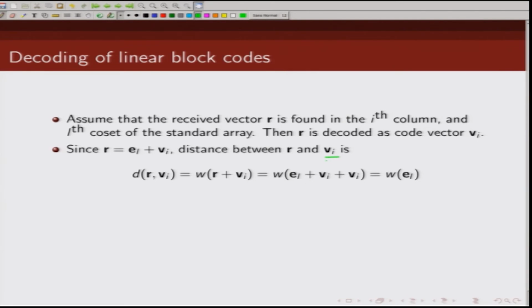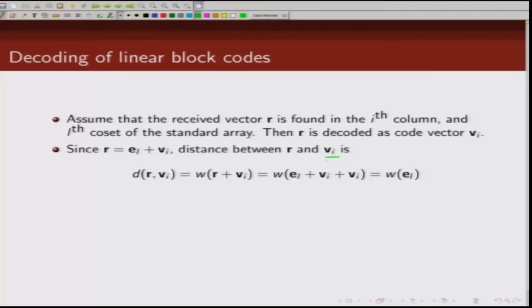So, if we add R and V and then count the number of ones, that gives us the Hamming distance between R and V. So, the Hamming distance between R and Vi is nothing but the Hamming weight of the vector R plus Vi. And what is R? It is EL plus Vi, so adding Vi gives EL. So, this is nothing but the weight of the error vector.